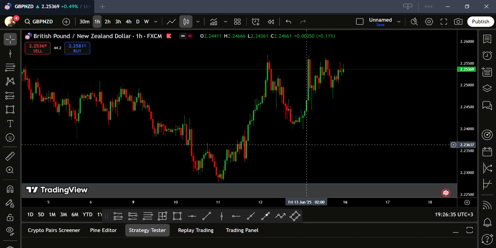Just like I told you, this strategy works on each and every pair, except those pairs called AUD, NZD. Yes, NZD also is there.